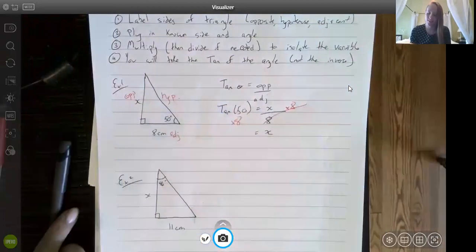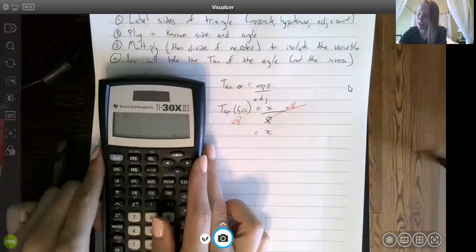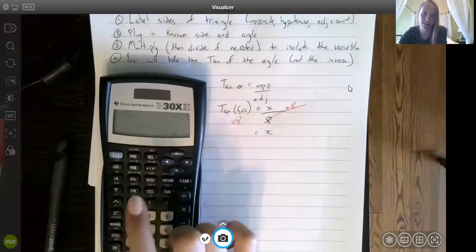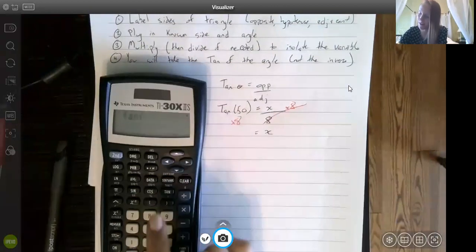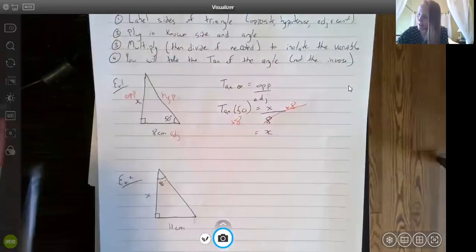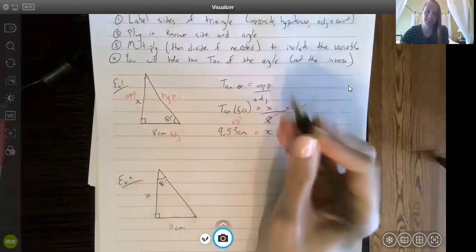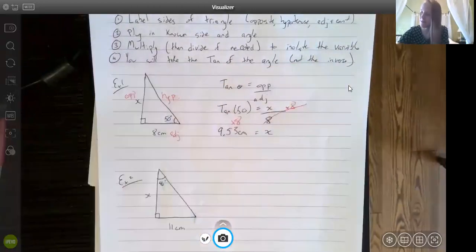And then on the other side, I'm going to plug this into my calculator as the tan of 50, close my bracket, times 8. And I get 9.53. So 9.53 centimeters is the length of my opposite side.